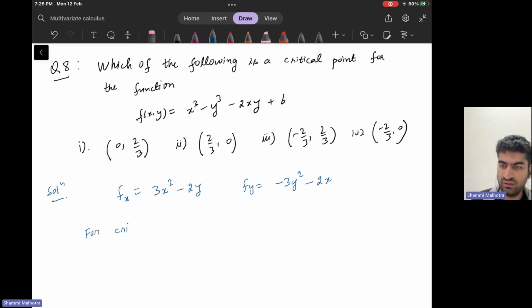Since these partial derivatives exist, the question of finding the critical point boils down to finding just the points at which my partial derivatives are 0, 0. So for a critical point, we need fx and fy both equal to 0.